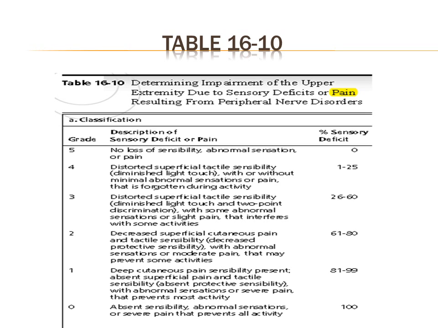And the AMA guides are all about activities of daily living. So your assignment of a grade 3 rating for loss of sensory function should correspond to similar findings on an activities of daily living assessment.